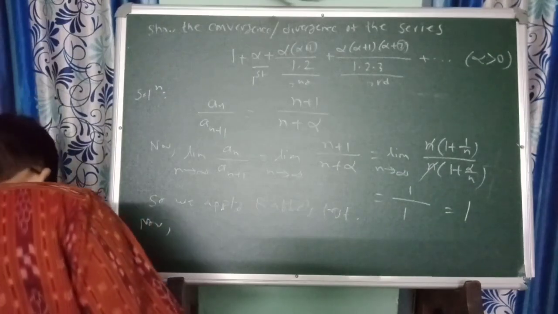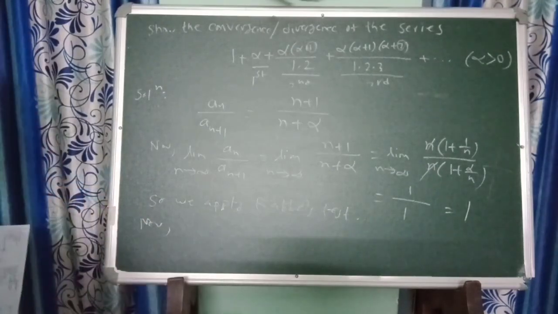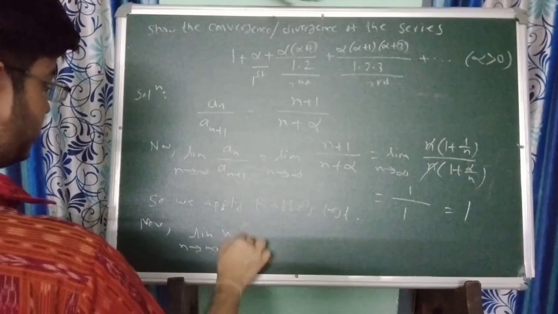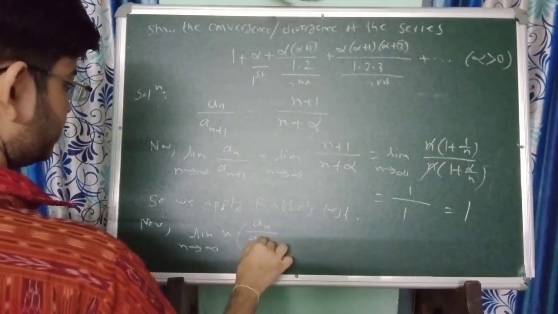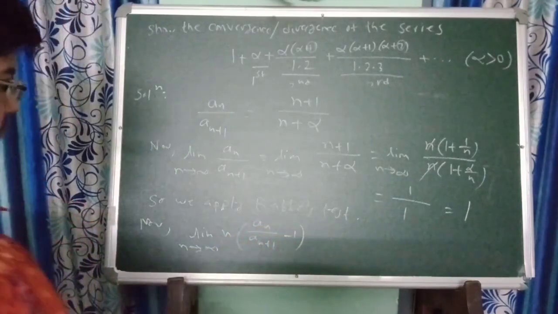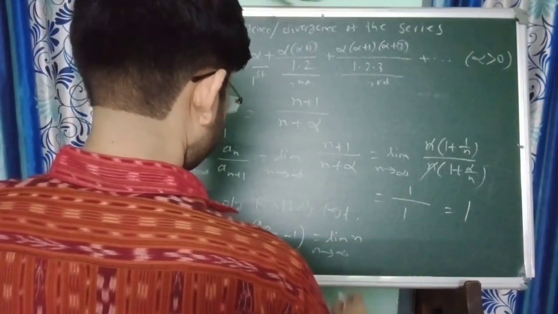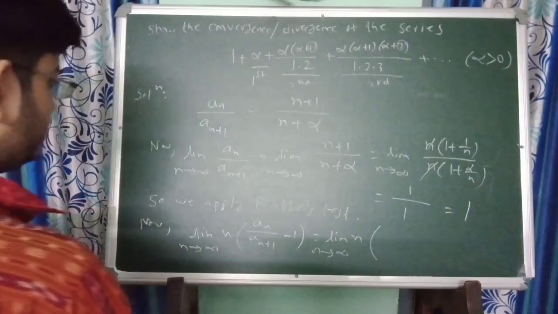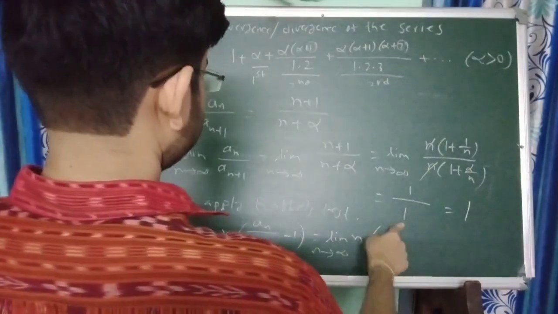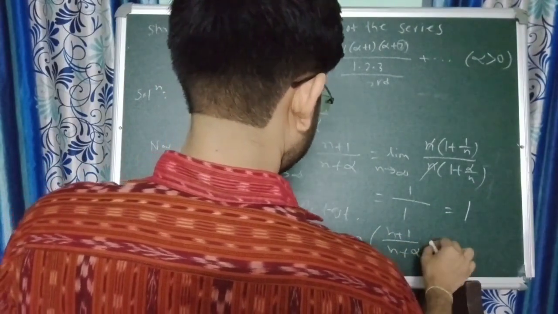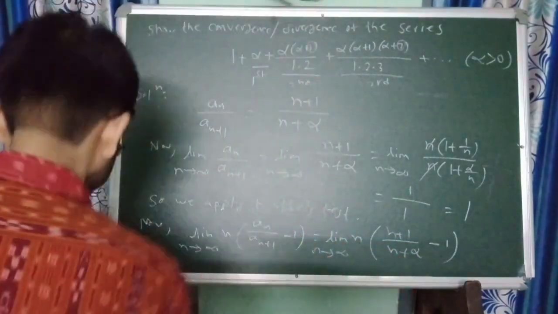Now limit n tending to infinity n into a_n divided by a_(n+1) minus 1 equals limit n tending to infinity n into, a_n divided by a_(n+1) is n plus 1 over n plus alpha, minus 1.